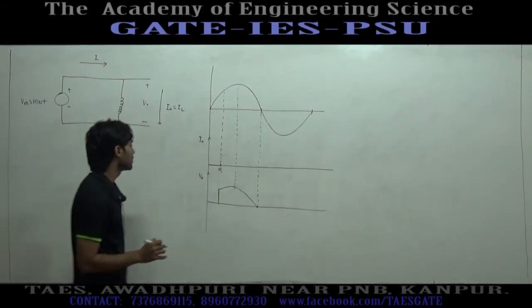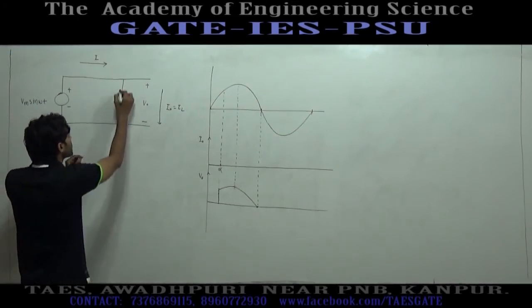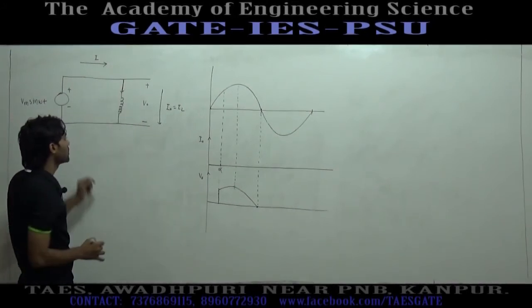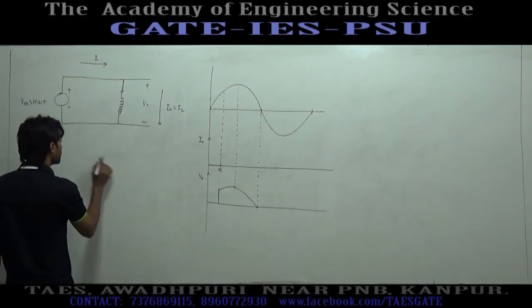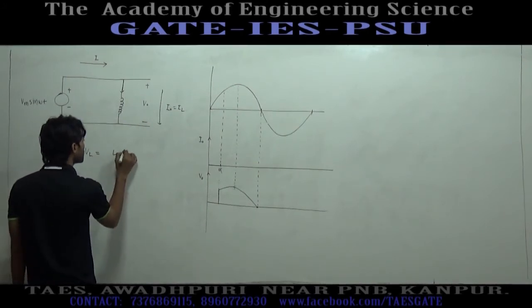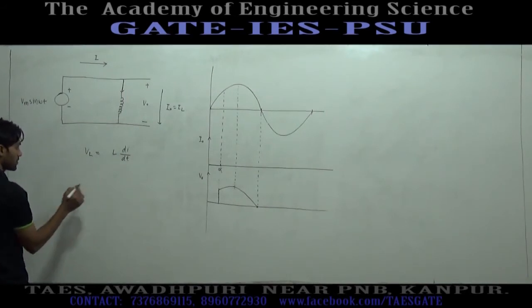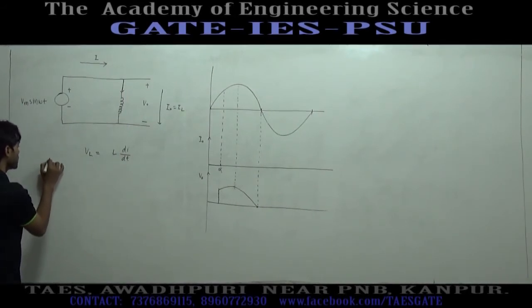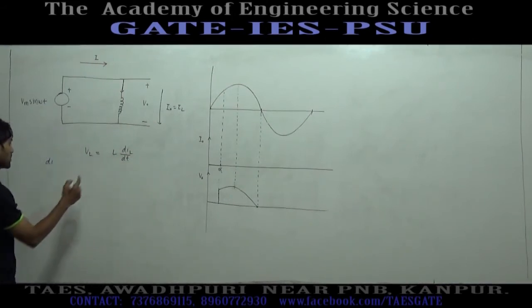Now, we have to draw the waveform of output current. The output current and output voltage are equal to inductor current and inductor voltage. Now, we will use the relationship inductor voltage VL equal to L dIL over dt.